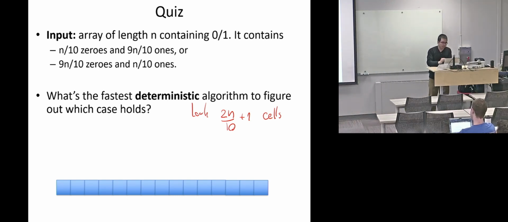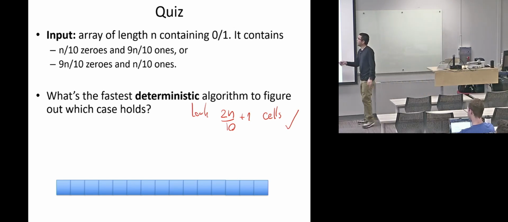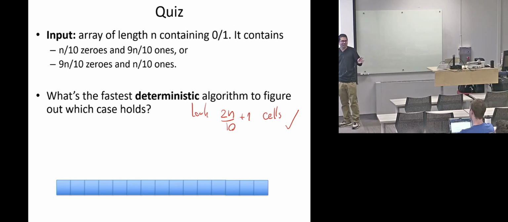You can convince yourself that if you look at fewer cells than this, it's not going to work. As long as you look at, say, only n over 10 cells, you actually don't know which case it is. It might be the first case, but somehow all the cells you look at are all 0.